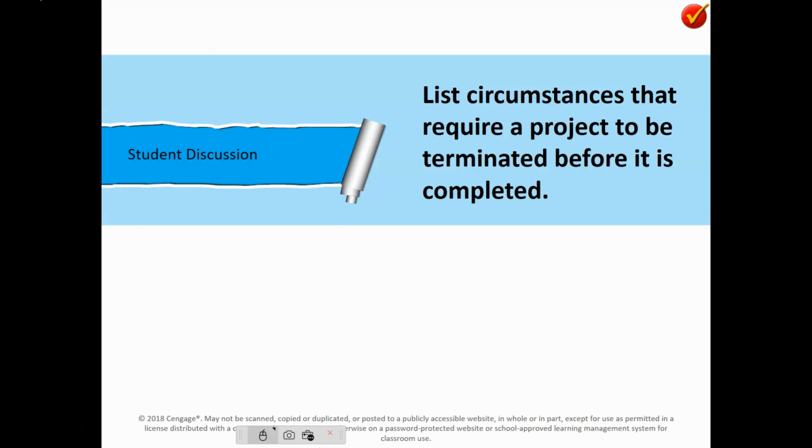So, at the end of this project, sometimes we have to think about how do I terminate it early? What might be a reason we need to terminate something early? Lack of funding? Funding comes to mind. A lot of times we spend over budget, maybe changes have happened, and suddenly we have to figure out a way to end it.